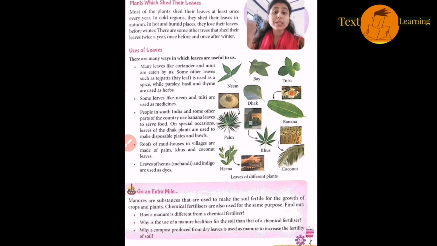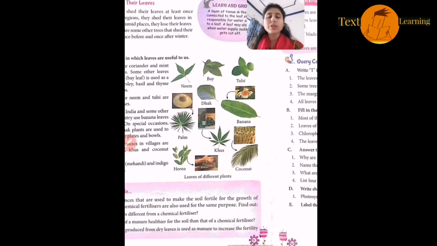Okay, it is very helpful, it is very healthy for the plants. So it is very good to make compost of dried leaves. What is compost? Compost can be prepared with the help of dried leaves. Okay, now move to the next page.